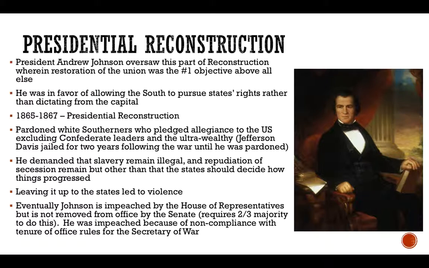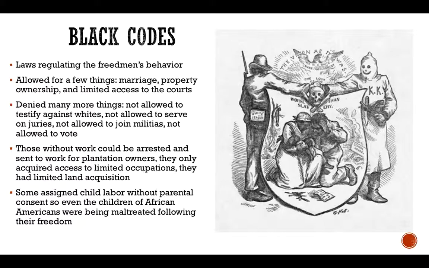But you can, in fact, be impeached by the House of Representatives, but not removed from office by the Senate. So he was impeached because of his non-compliance with the tenure of office rules for the Secretary of War. So basically, on a technicality, he's impeached, but not removed from office.